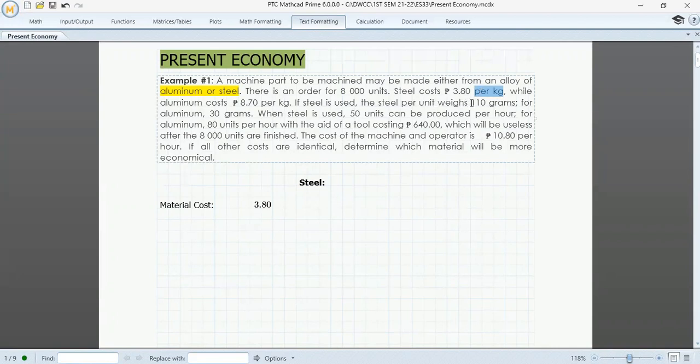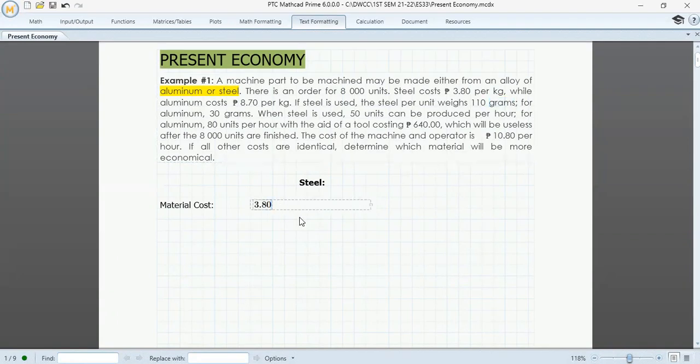Sabi dito, 110 grams. Tingnan ng mabuti. Itong 110 natin ay naka-grams. Remember, in present economy, you need to have consistency in units. Dapat consistent ka sa units. Kung sinabi kilogram, then dalhin mo kay kilogram. Kung gusto mo per gram, then dalhin mo yung isa kay gram. So, dapat pareho silang dalawa.